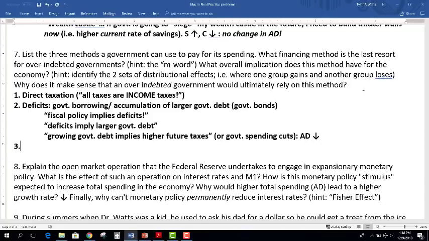Okay, and then finally, if the government finds itself over indebted, too much debt, and unable to borrow more from the world's credit markets, right? Savers, banks, businesses, whoever has money that they want to invest, they usually will buy government bonds up to the point where they say, hey, this government has too much debt.